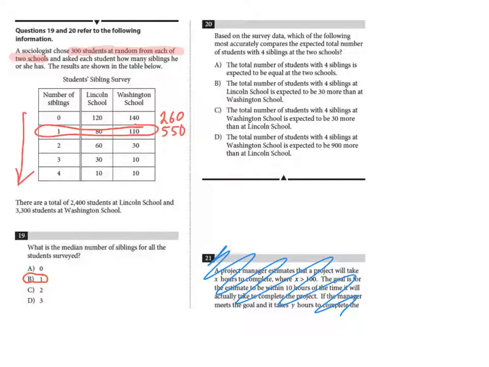Okay. Number 20. Based on the survey data, which of the following most accurately compares the expected total number of students with 4 siblings at the 2 schools? Alright, so A is saying the total number of students with 4 siblings is expected to be equal at the 2 schools.